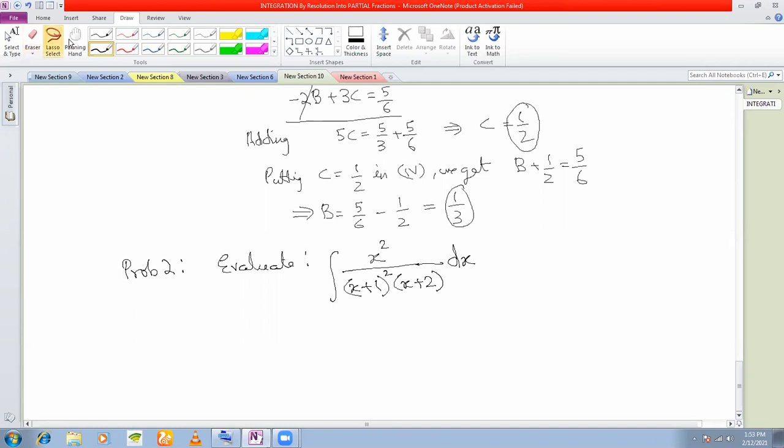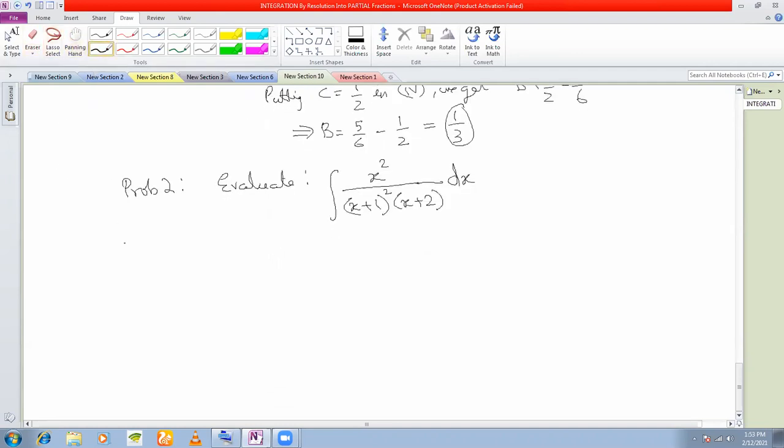Okay, now what do you see in the denominator? You have a repeated factor, right? X plus 1 whole square, which means x plus 1 into x plus 1, right?